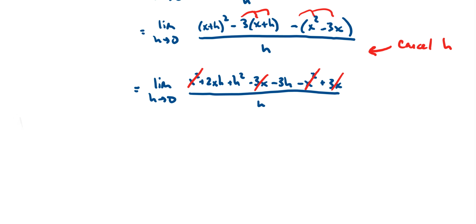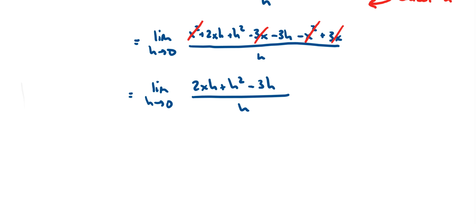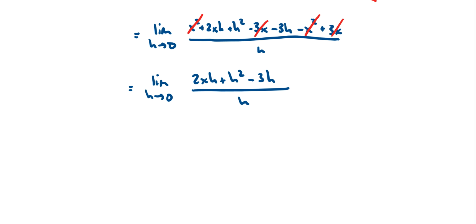That'll happen every single time we have a polynomial function, which is why this ends up being not as bad as it originally looks. Notice now that every term left over in the numerator has an h. Every term in the numerator has an h as a factor. That means we can factor out an h as a GCF in the numerator. So we GCF factored out an h in the numerator.